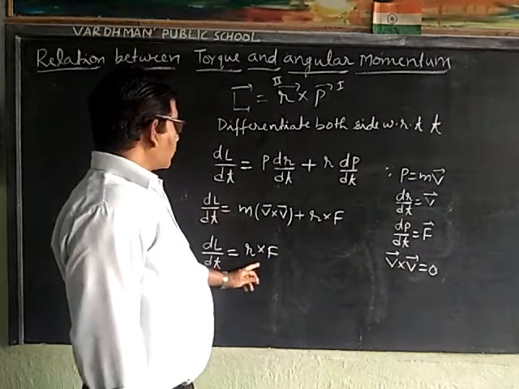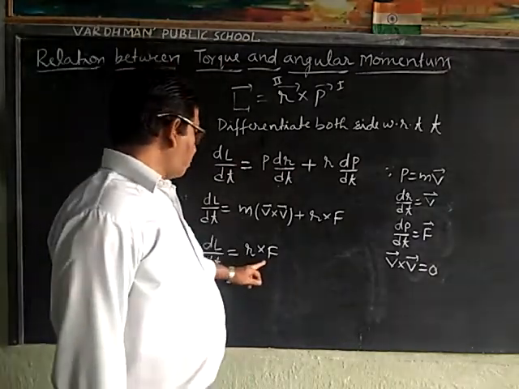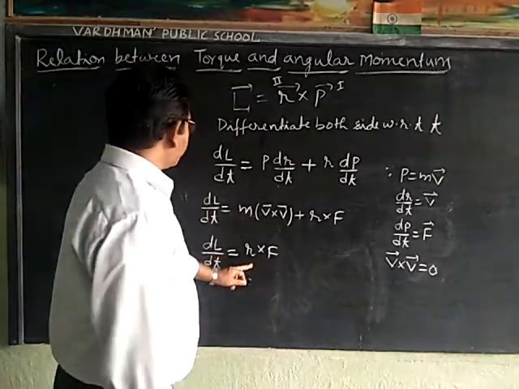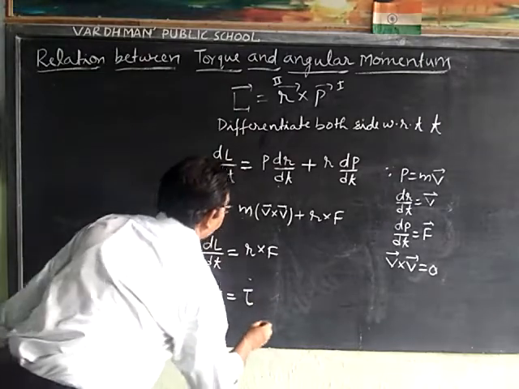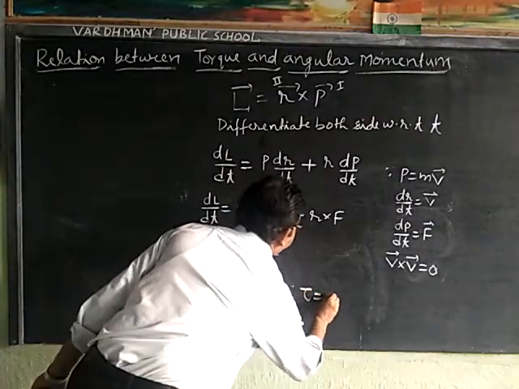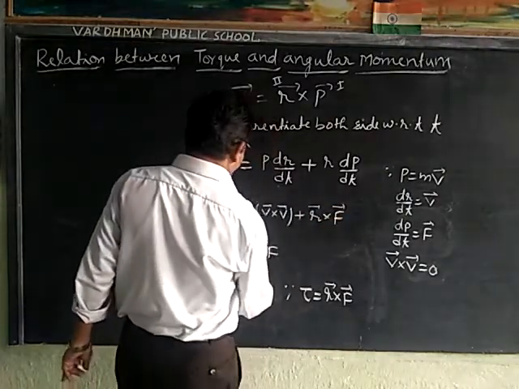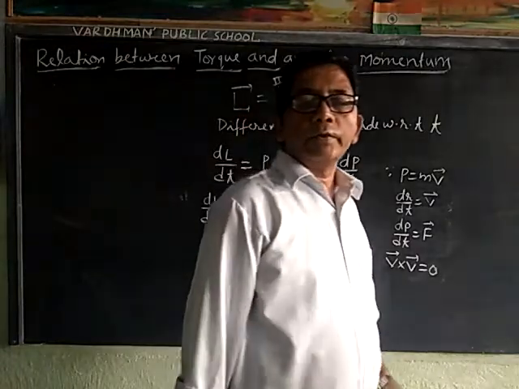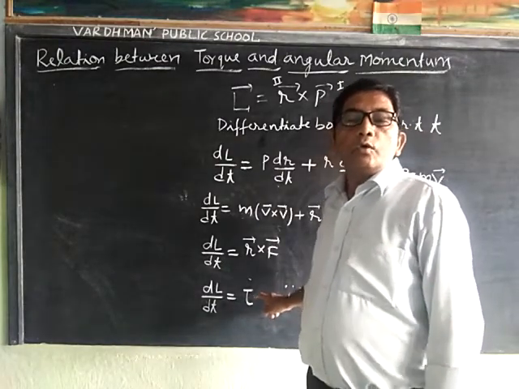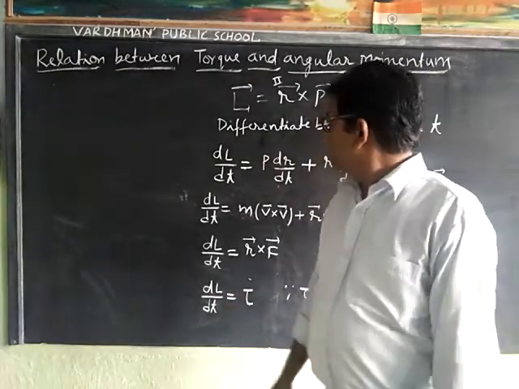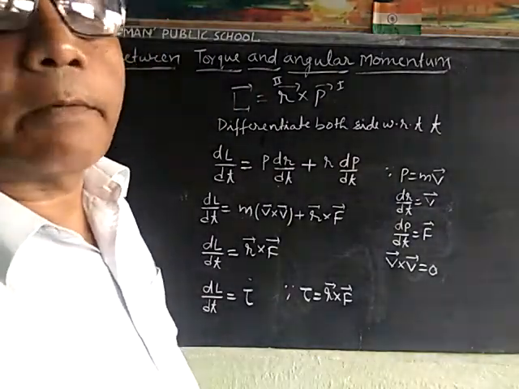Now we know torque is force into perpendicular distance, that is, r cross F. So dL upon dt is equal to tau, because tau is equal to r cross F. Thus the torque acting on a particle is equal to the rate of change of angular momentum of the particle.